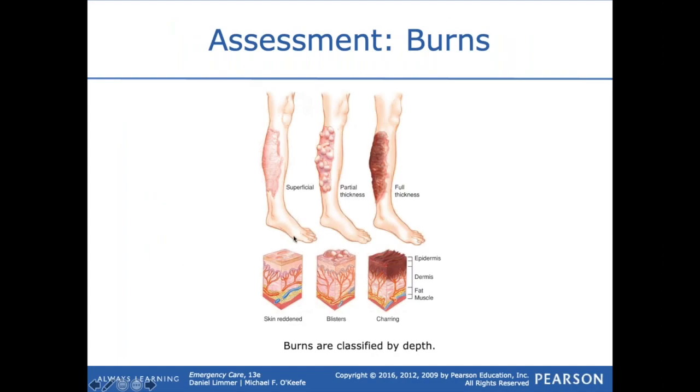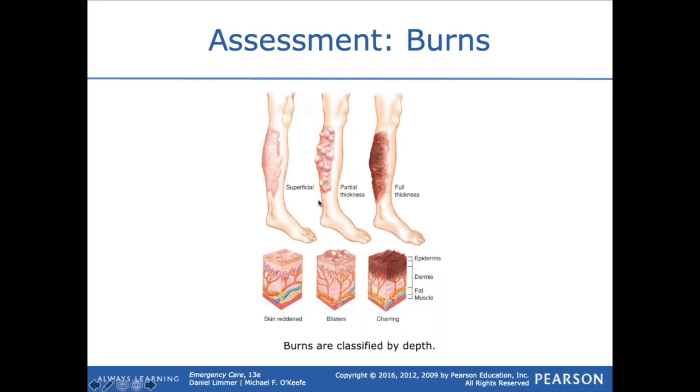A little diagram, we'll see some actual photos in a minute though. Superficial is basically just the epidermis. It's a little red. It can hurt like hell. Think about your sunburn. So it's not just the epidermis, it's down into the dermis because it's affecting the nerves. Partial thickness, you are now involving more tissue.